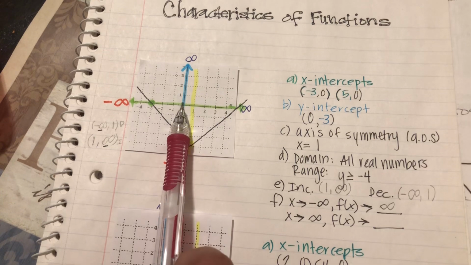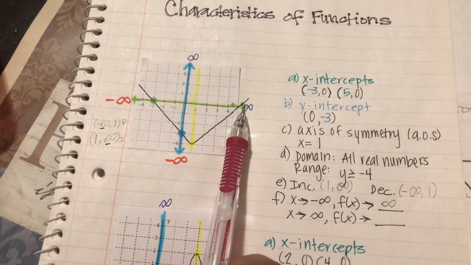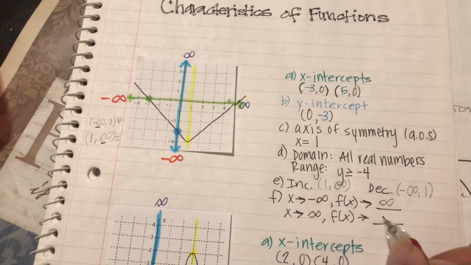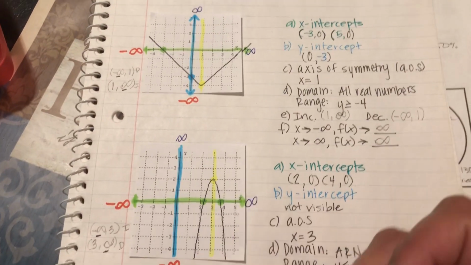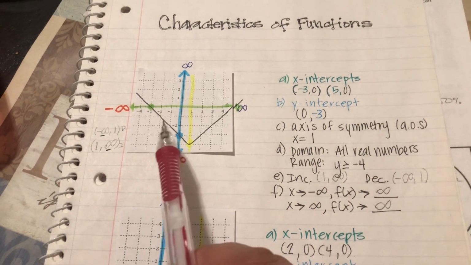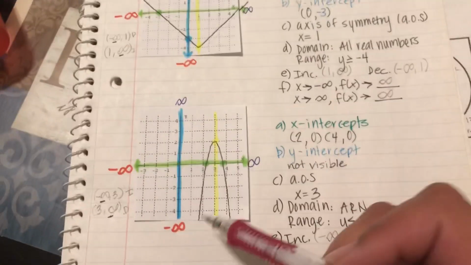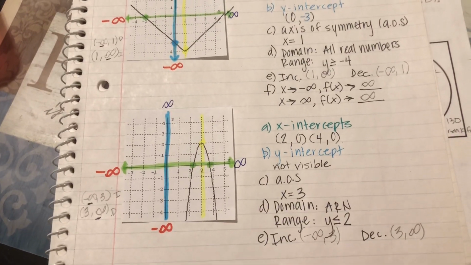As my x is going to positive infinity, where do I need to go to meet my graph? Up, positive infinity. Remember we said if it is an absolute value or a parabola, they're both going to be the same at the end. Smiley face is positive. Sad face is going to be negative.